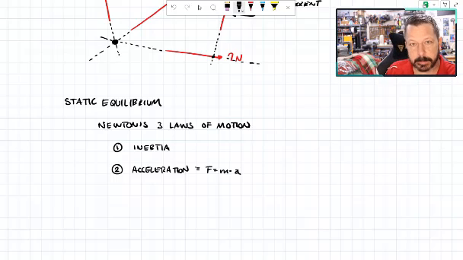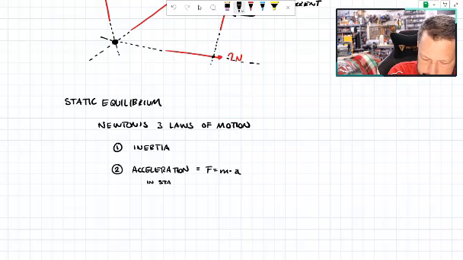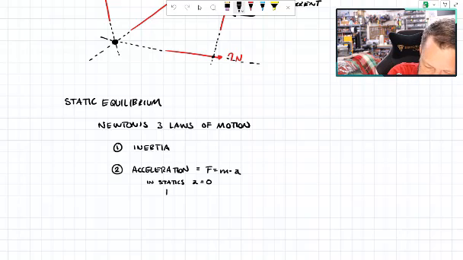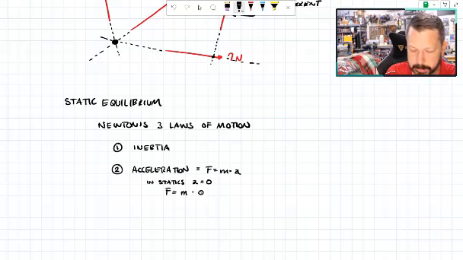The thing about static equilibrium, so we'll say in statics, that acceleration is 0. So that makes this equation kind of interesting, because then it says F equals mass times 0, which says F equals 0.